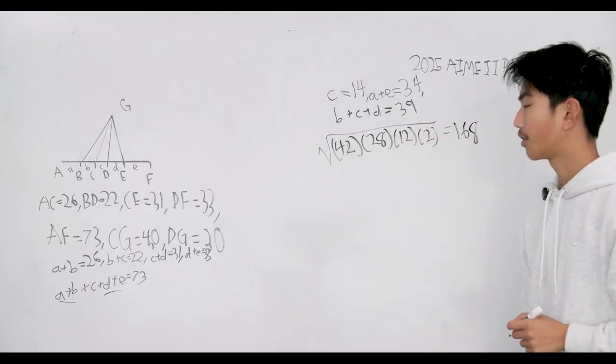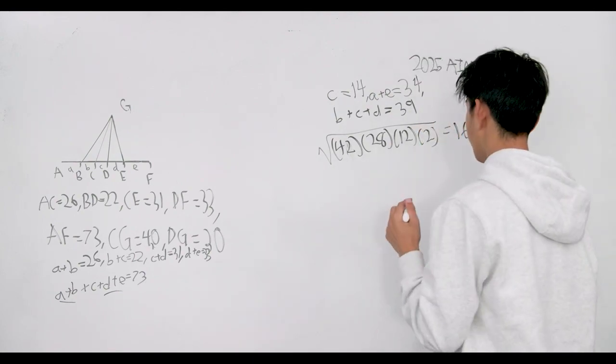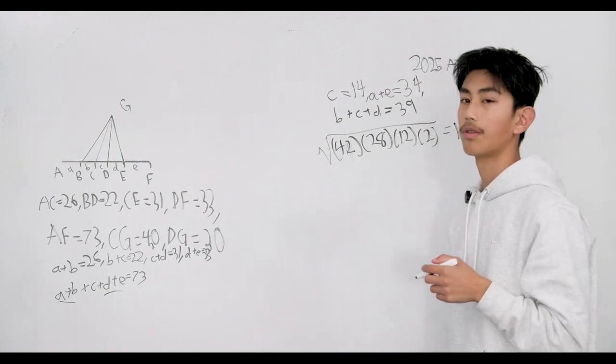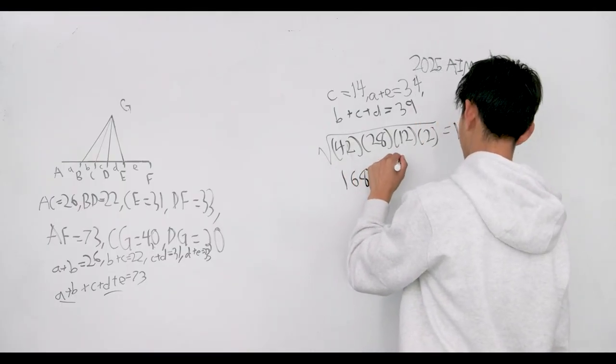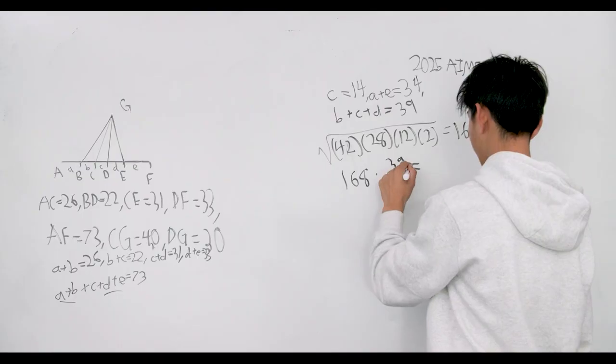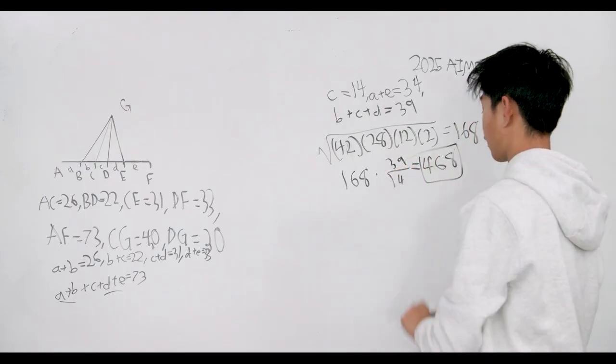As a result, because our desired triangle BGE is 39 over 14 times larger, we do 168 times 39 over 14, which gives us our answer of 468, and that is our answer for this problem.